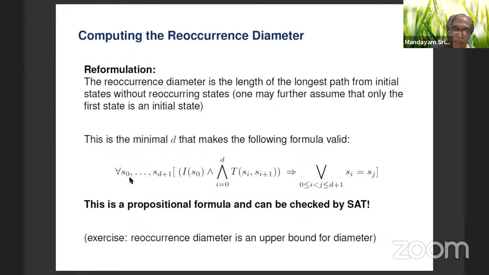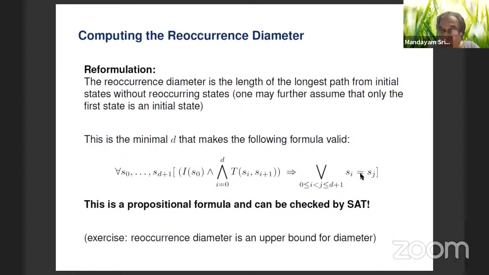So D will be the reoccurrence diameter if, for any path of length D plus 1, one of the states on that path must be repeated. Okay, that's what this says.